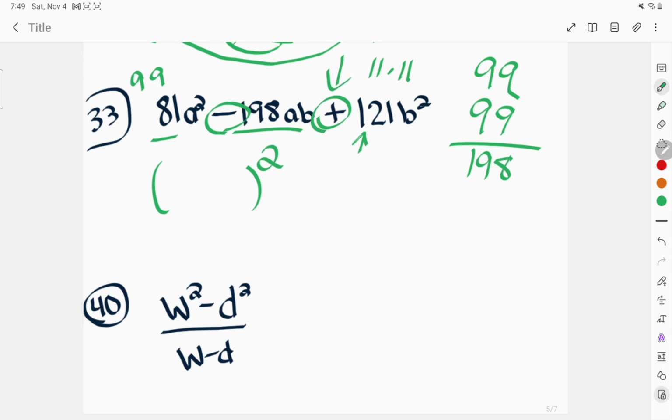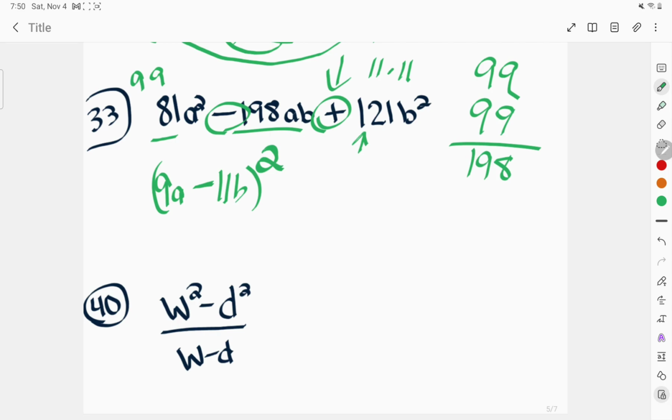My second one is positive, so I know my signs are the same. My first one is negative, so I know my signs are negative. I'm going to use only one, and I'm going to square it because that would mean the same thing. And I got 9a, 11b. And that is it.